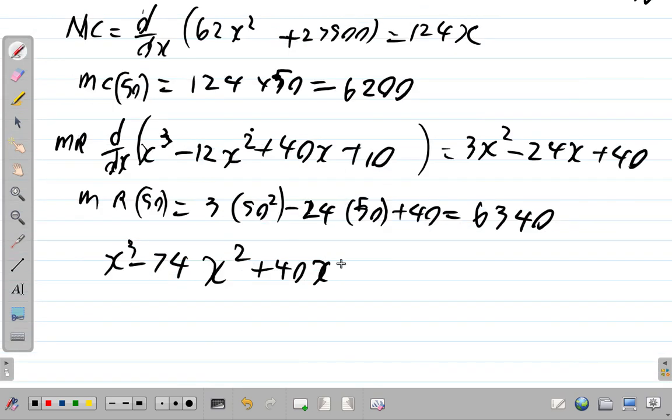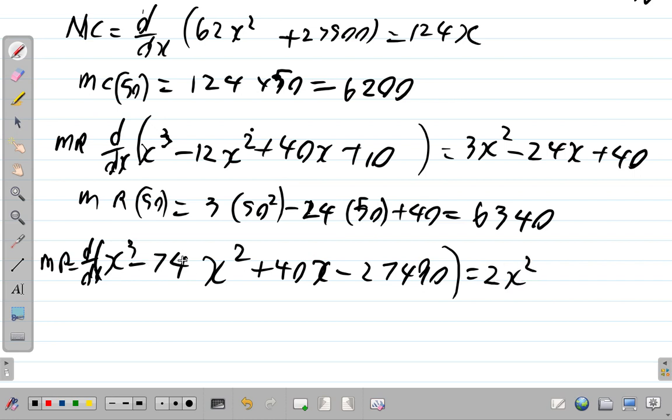So the marginal profit equals the derivative with respect to x of all of this, which would be what now? When you differentiate x cubed, you get 2x squared, and the derivative of the next part, 74 by 2, is 148x, plus 40.